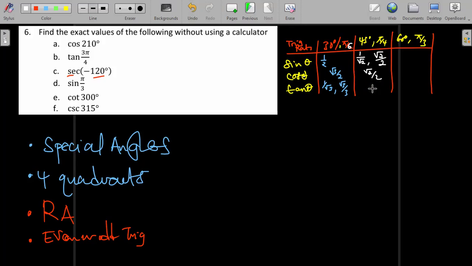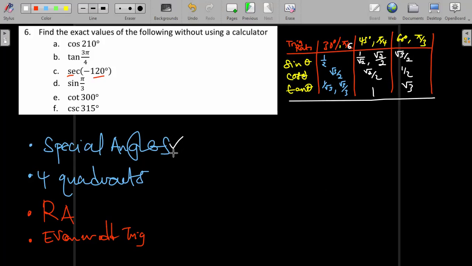And tan 45 is always 1. And then we have sine 60, which is root of 3 over 2. Cos 60 is 1 over 2, which is just half. And tan 60 is just root of 3. So these are the special angles that you need to know.